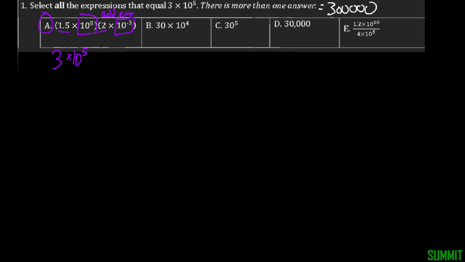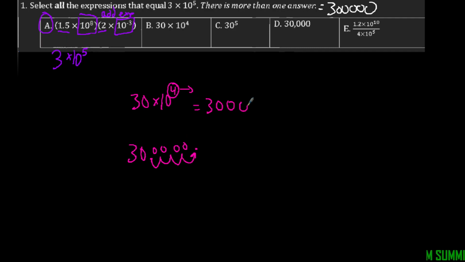For this one, 30 times 10 to the 4th, again, circle the exponent and move it 4 times to the right. So I have 30, have my decimal place, and I go 1, 2, 3, 4. Move it there, fill in zeros. And so this is also equal to 300,000. So I'm going to say that B is good for that one as well.